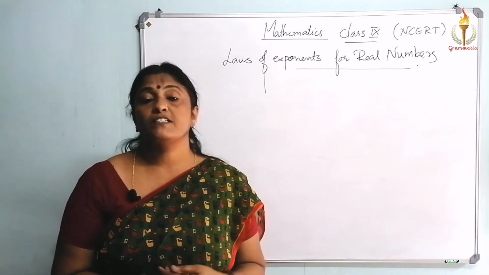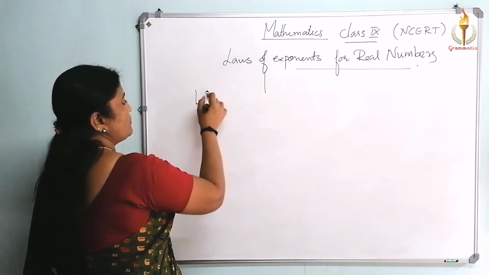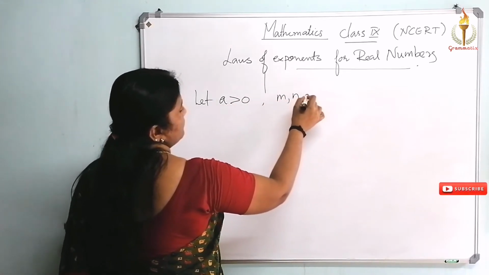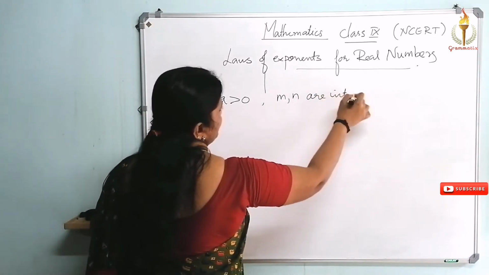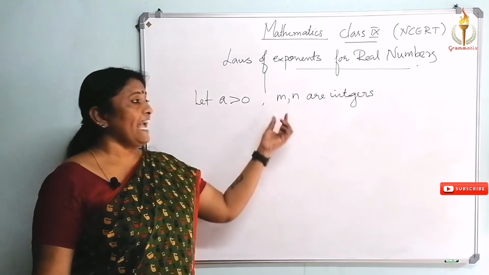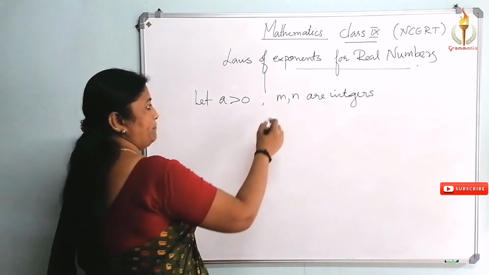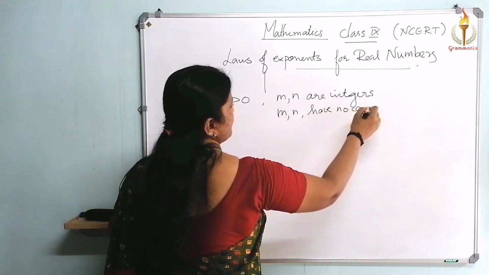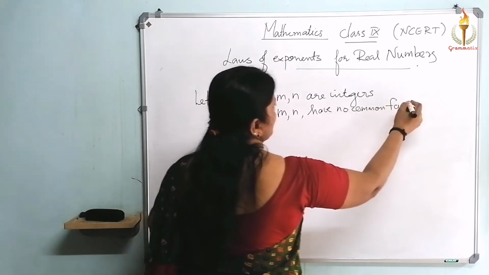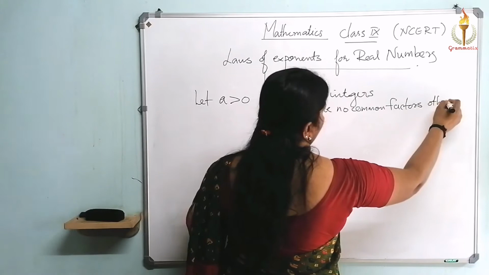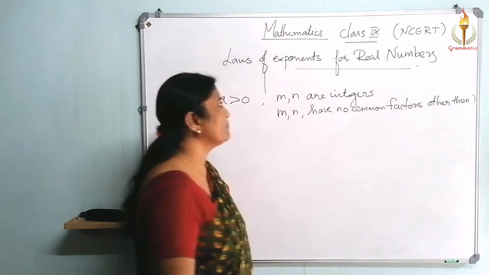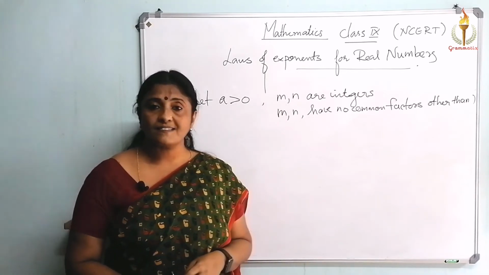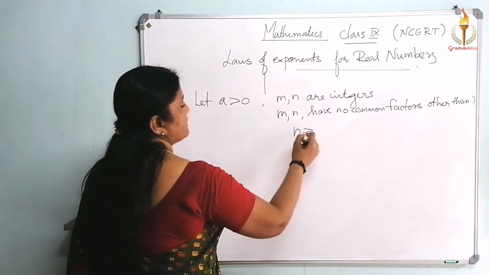So finally we arrive at a definition. Let a be greater than 0, and m and n be integers, where m and n are co-prime, that means m and n have no common factors other than 1, and obviously n should be greater than 0.